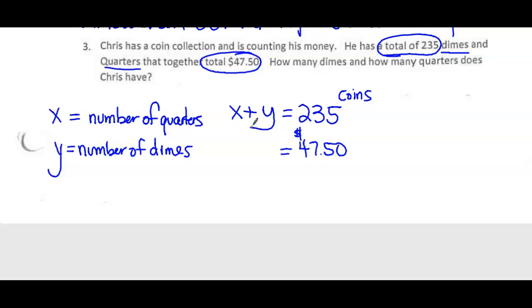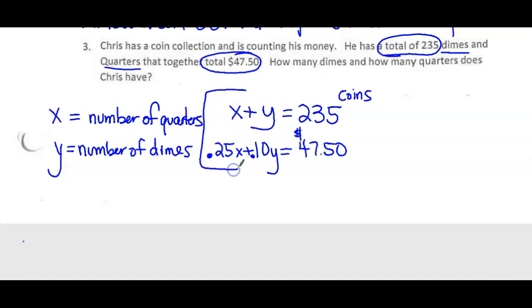So some people will write 25x plus 10y. But if you write that, it's wrong because 25 represents $25. And we need it to be 25 cents. So we're going to change this to 0.25 and 0.10. So that's where some people make their mistake on this one. Coins are less than $1, so you need decimals.